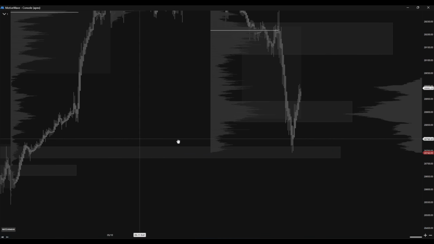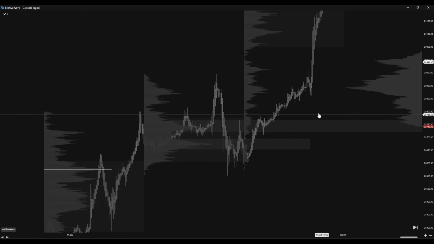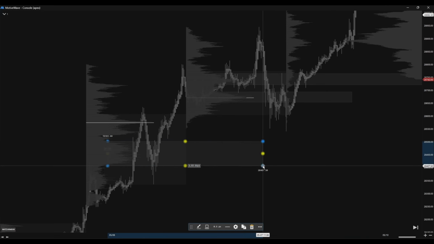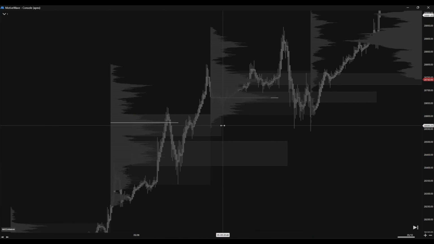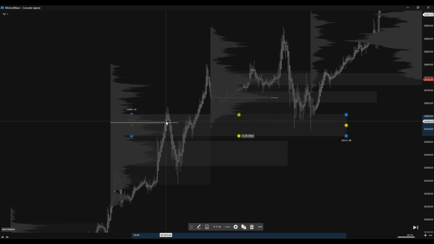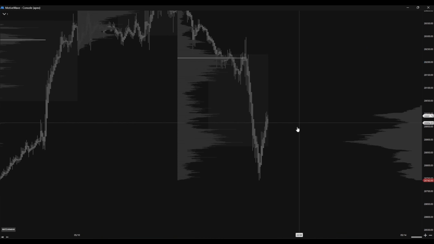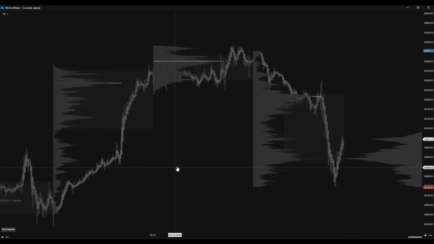And you can see how we rejected off of that today. High volume node here. High volume node here. Nice little rejection off of this high volume node and the POC. Those were just brief visualized representations of a high volume node.